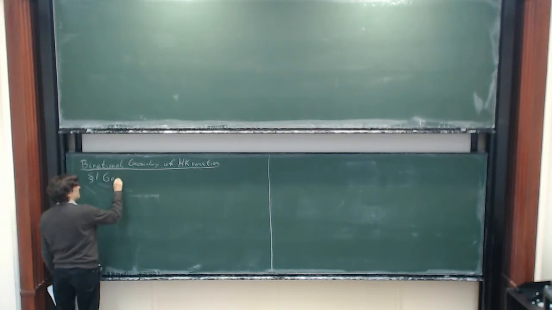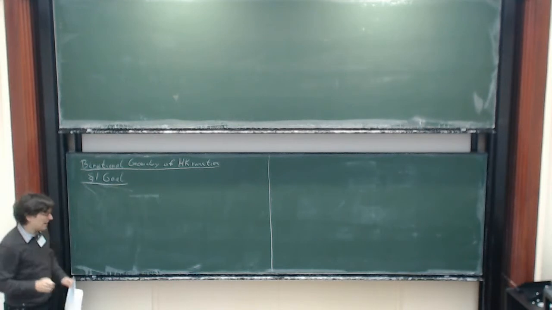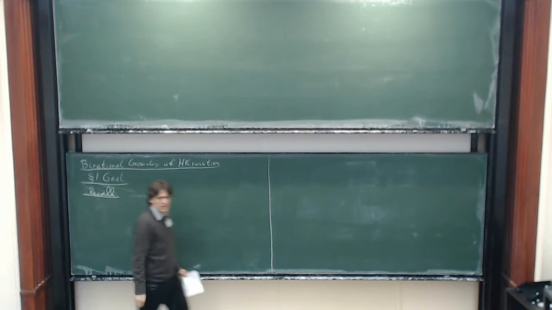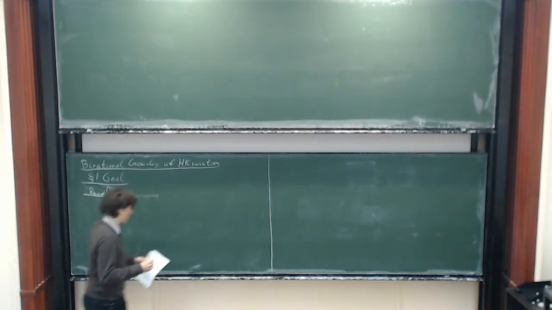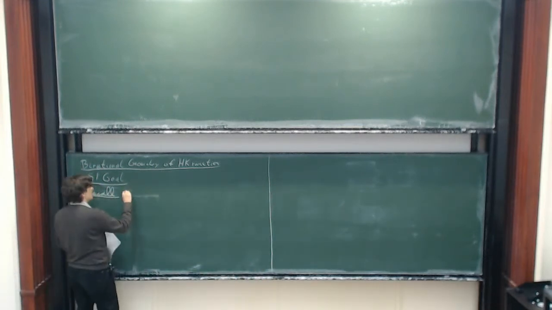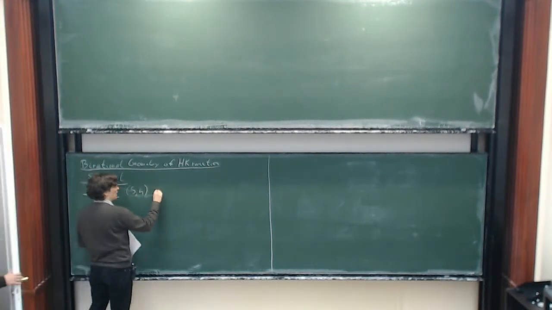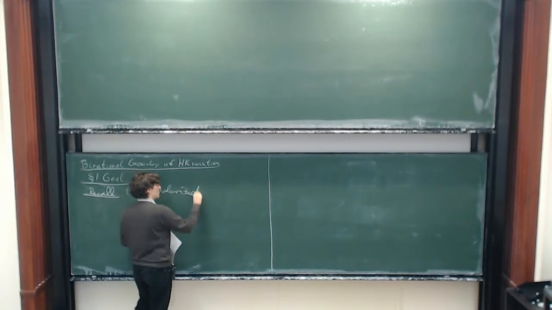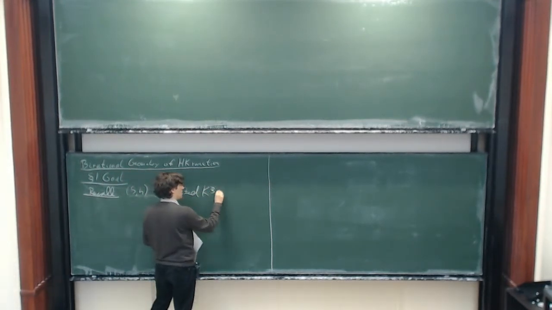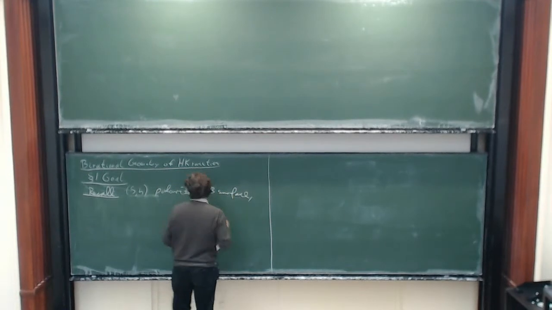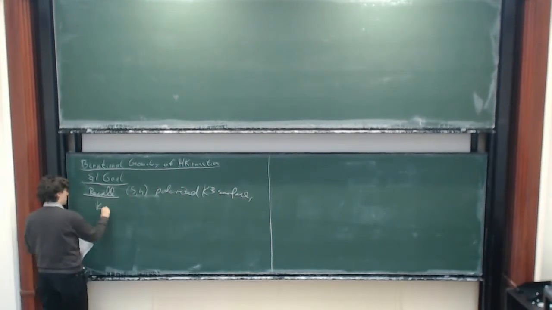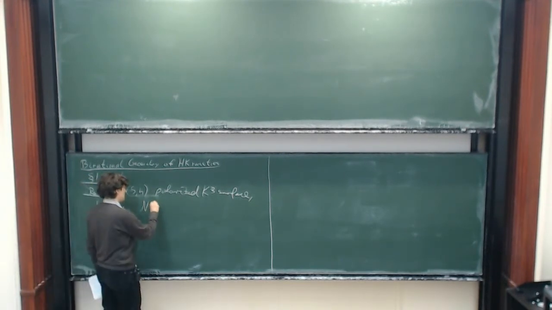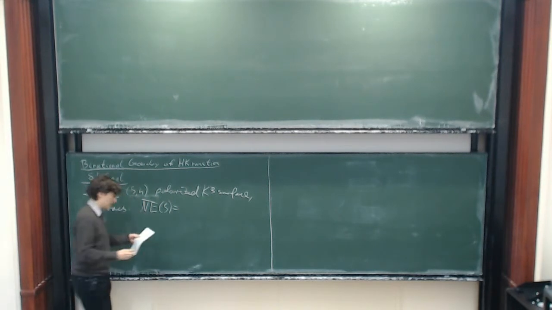So let me start by describing the goal today, and just by comparison, let me recall the Kovacs description of the Nef cone of K3 surfaces. So if (S, H) is a polarized K3 surface, then it's by now classical that the Mori cone is generated by -2 classes.